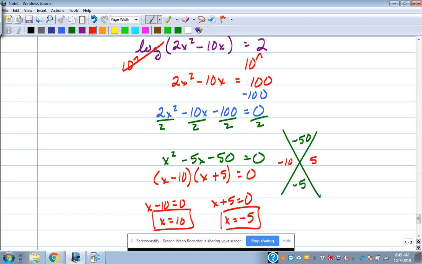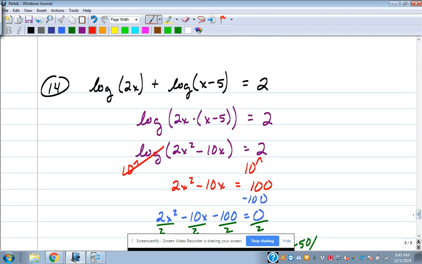Now, I got to check both of those in the original problem to make sure I'm not taking the log of a negative. So if I plug in the positive 10 up here in the original, that's going to be log base 10 of 20. And this is going to be log base 10 of 10 minus 5, which is positive 5. Both of those are okay. On the next one, if I plug in negative 5, 2 times negative 5 is, oh, it's already out.